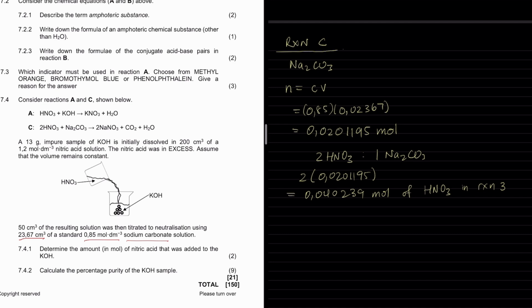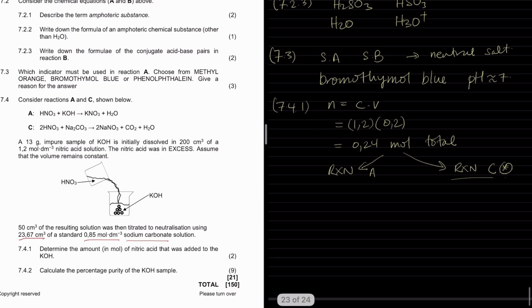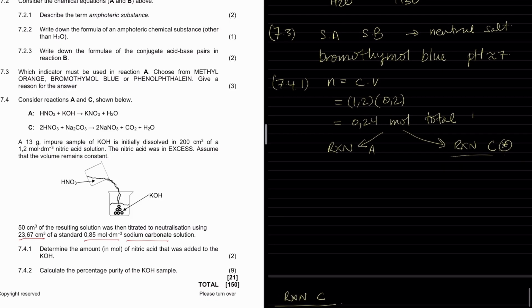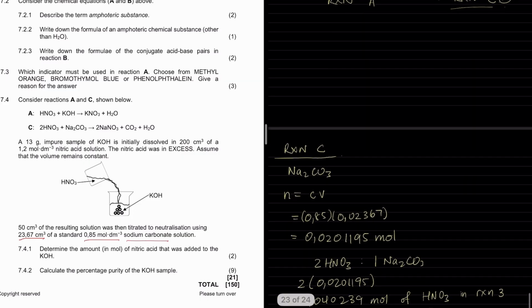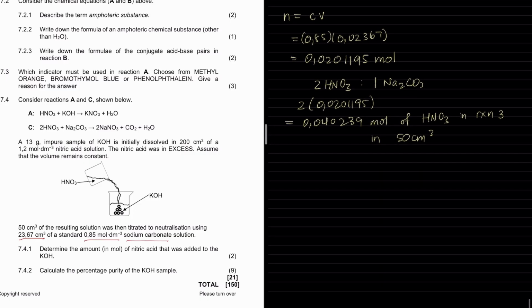But we must again remember that this was in 50 cm cubed. The original sample was in 200 cm cubed. So we can't compare them yet. So what we need to do is we multiply. So to get from 50 to 200, you multiply by 4, and then you multiply this by 4 as well.